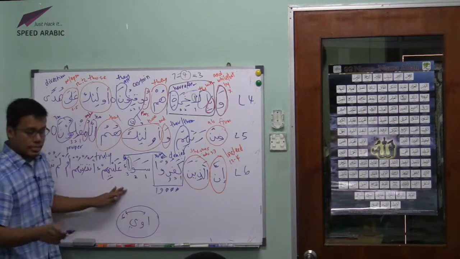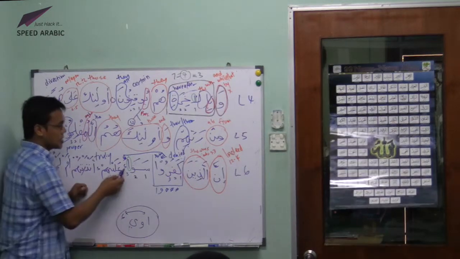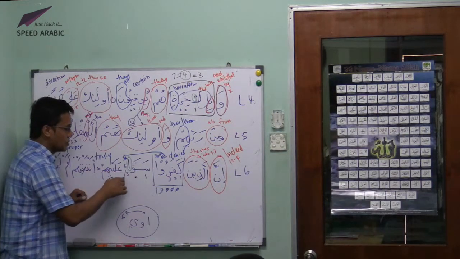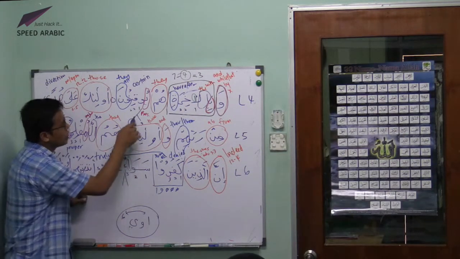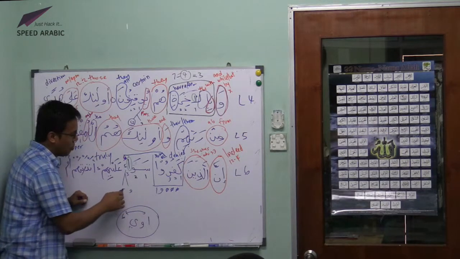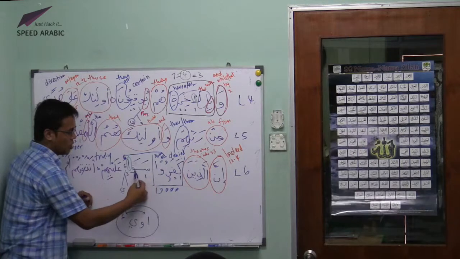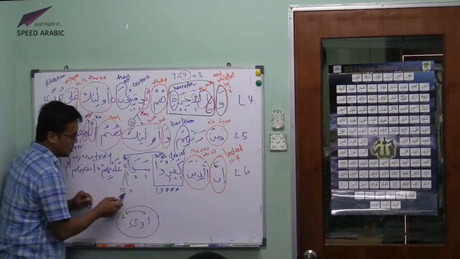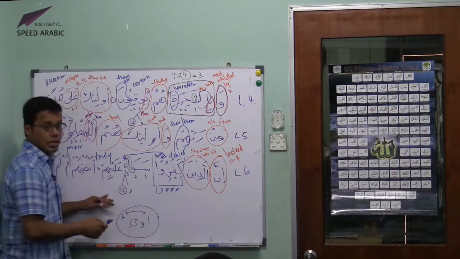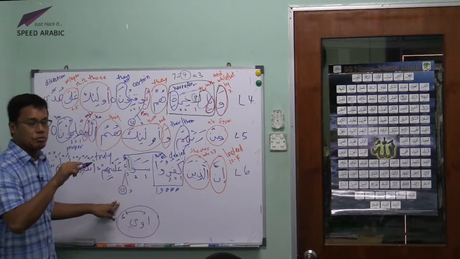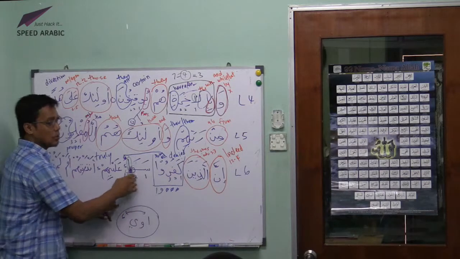And then the next thing for you to remember is when the ill letter is at the end, it's either Waw or Ya. So when you go to the dictionary, you either find Sin Waw Waw or Sin Waw Ya. It's Ya. So when you go to Sin Waw Ya, you will find the word sawa.